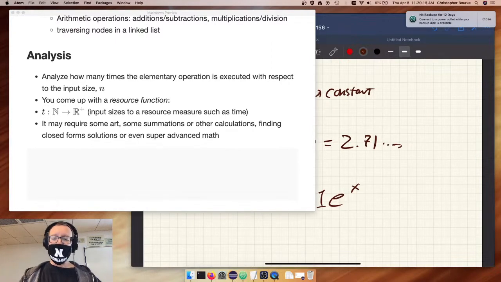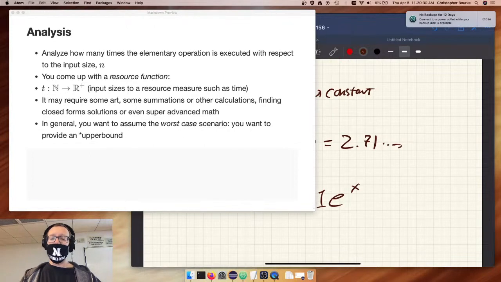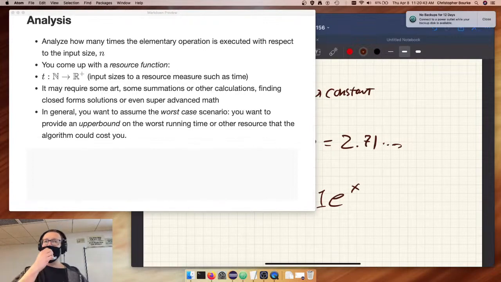But in general, you want to assume the worst case scenario. You want to provide an upper bound on the worst running time or other resource that the algorithm could cost you. And we're going to see exactly what I mean by this in our first example.